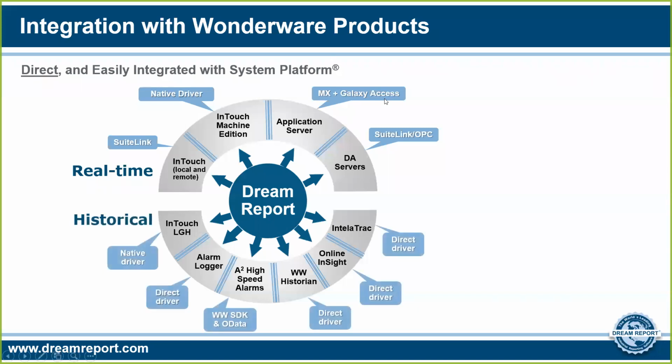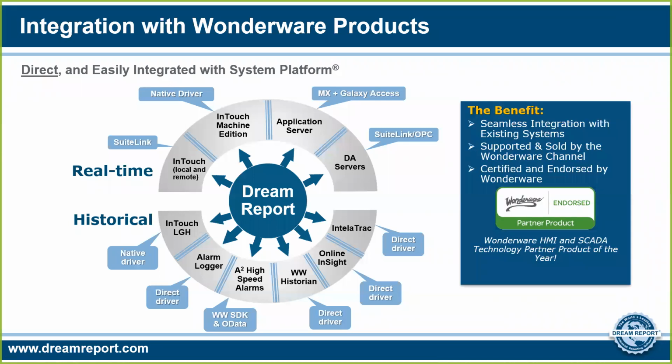On the historical side, certainly Wonderware has no shortage of data logs or storage systems, from traditional InTouch historical log files to the most modern, which of course is Wonderware Online InSight. To the alarm loggers, the historian-based alarming, of course Wonderware Historian, even Wonderware IntelliTrac. So being able to connect into all these different systems and bring this data together in your reports.